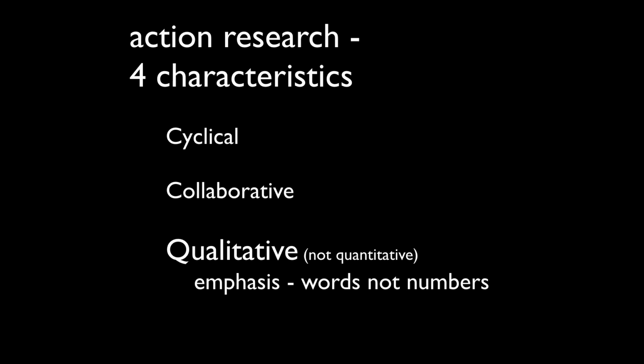The third characteristic of action research is qualitative, not quantitative. Now, these are two key words related to research. Most scientific research, often seen as what research is, is quantitative, as in it's about quantifying things, measuring things.